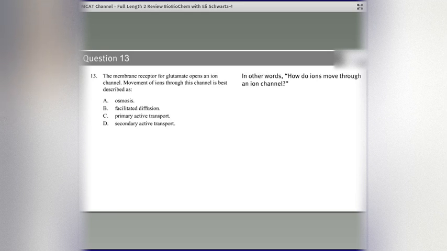Now, there are some things that are small and very polar that can slip through also. In the vast majority of every membrane question we would ever see on the MCAT, those small things are water. As far as we are concerned, any membrane that you ever get in the MCAT will always have aquaporins. That's nice for us because we never have to ask ourselves that question. Water should always be able to get through every membrane.